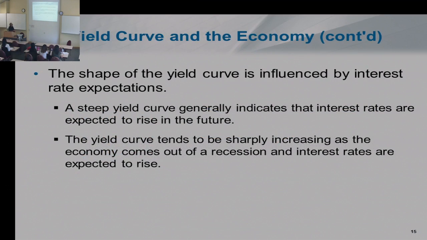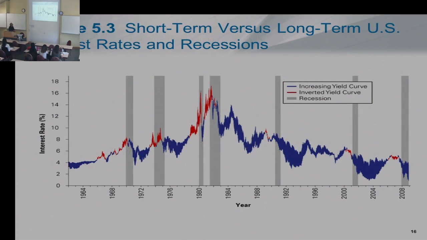So you look at 2008 on this graph, that's blue. The blue part is where the 10-year is greater than the 1 year. That's an upward sloping yield curve. So the blue is the upward sloping yield curve. The red is the downward sloping, the inverted, where the long-term rate is less than the short-term rate.